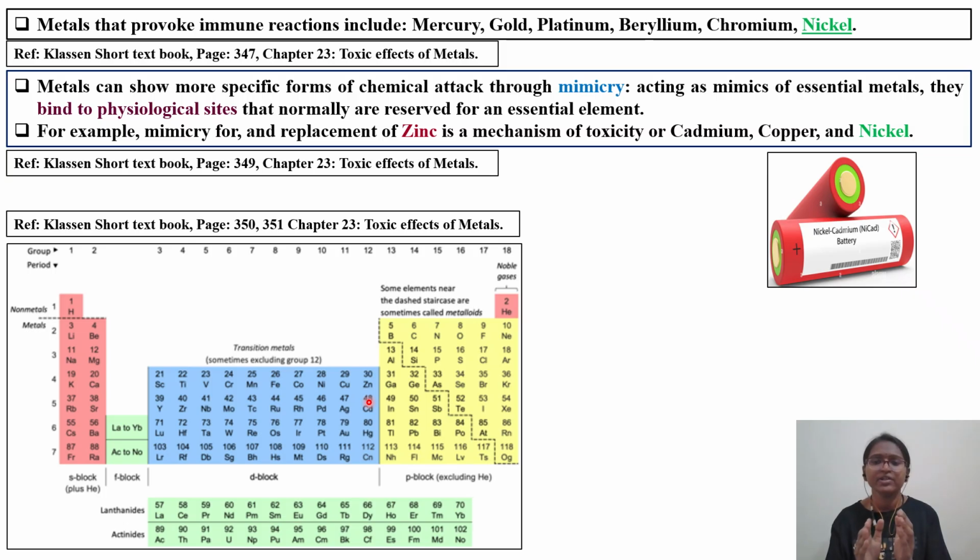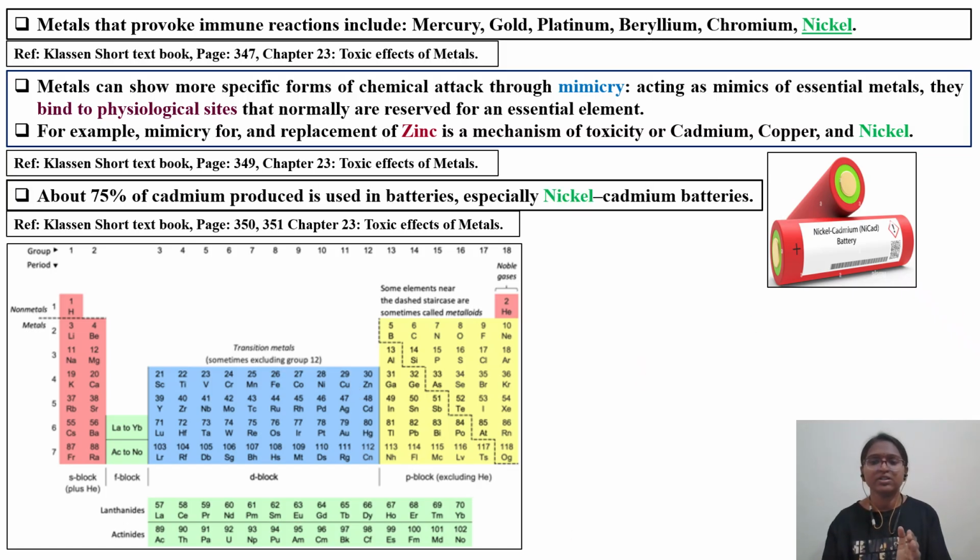Because of the similarity of nature, nickel will bind instead of zinc. Similarly for the other two examples, cadmium and copper, they also belong to the transition series of elements. Because of the similarity in structure, these non-essential metals will bind instead of zinc. So that might be the reason for this immune-related toxicity.